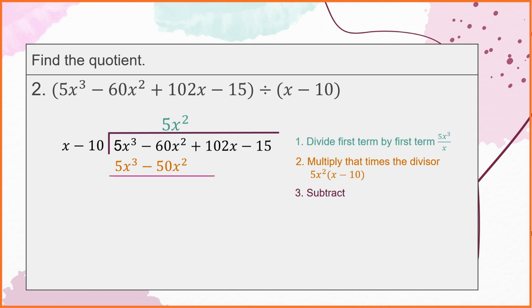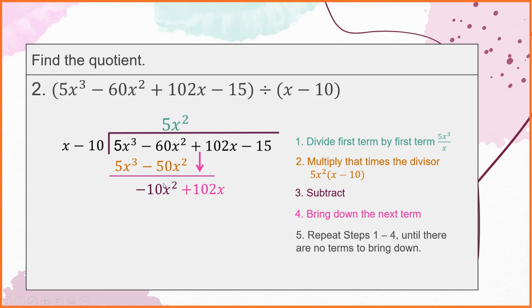Then we subtract. So we know the x cubes subtract out, and then I'm thinking of this as negative 60 plus 50, which would be negative 10x squared. We just keep the variable part, and we're going to bring down the next term. Now we repeat those steps again, dividing. So negative 10x squared divided by x would be negative 10x.